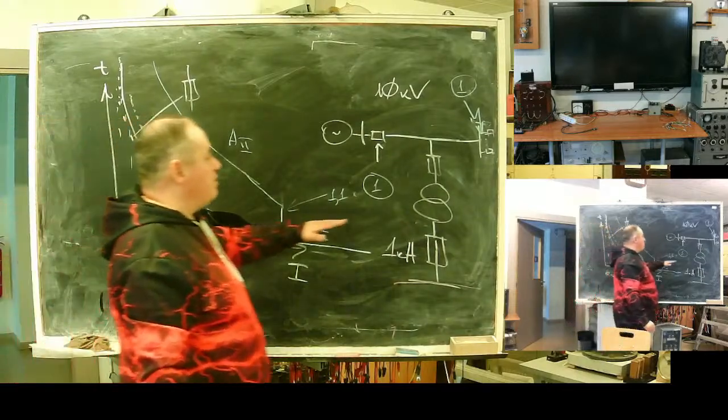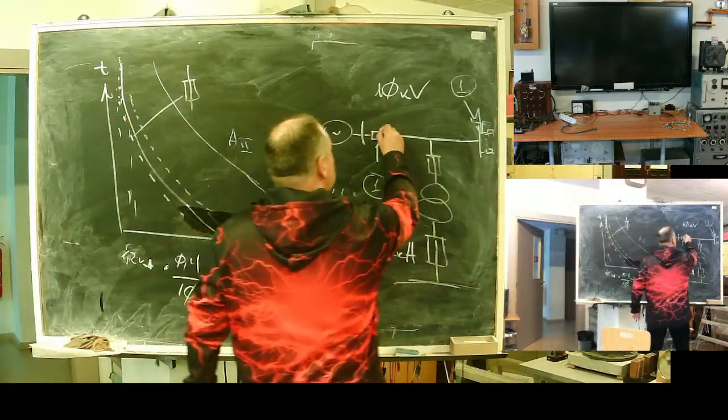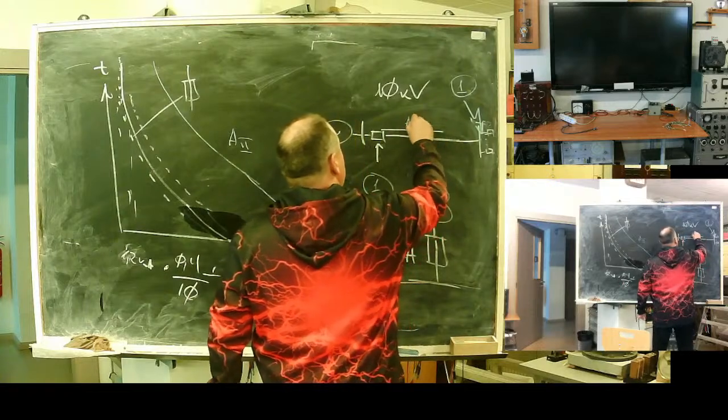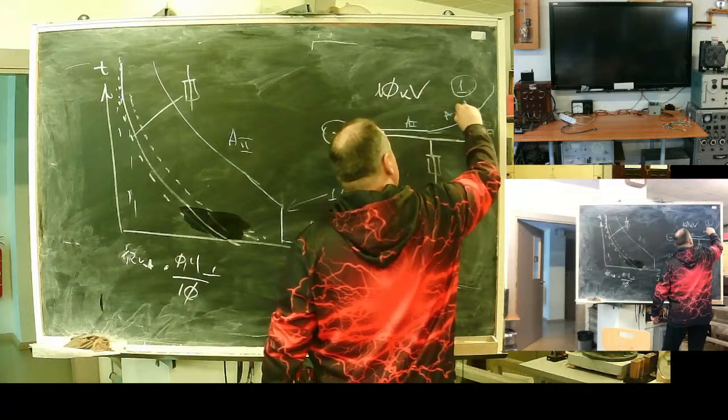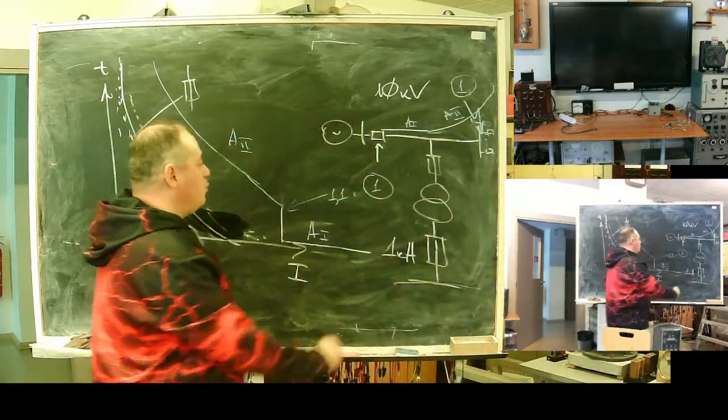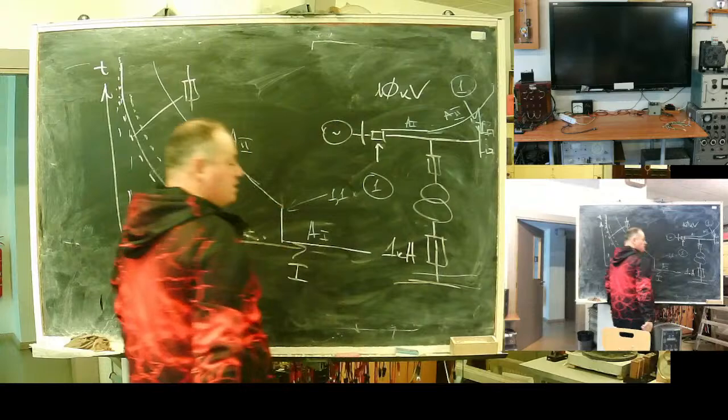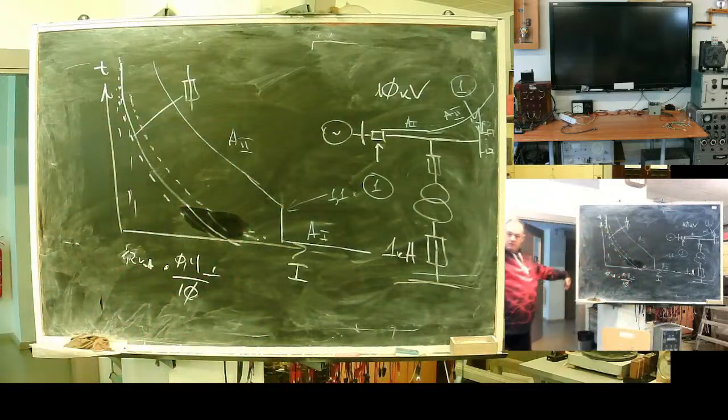What will it cover? A1 will end somewhere here. This is what A2 will do. And also A2 will act as a backup protection for the transformer.